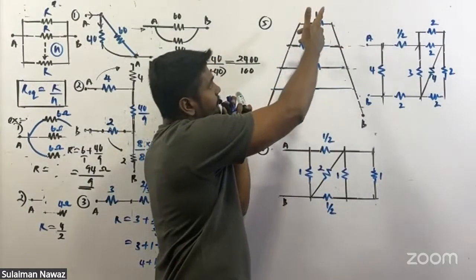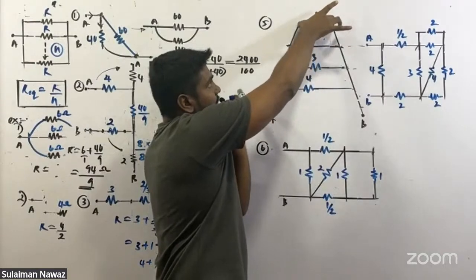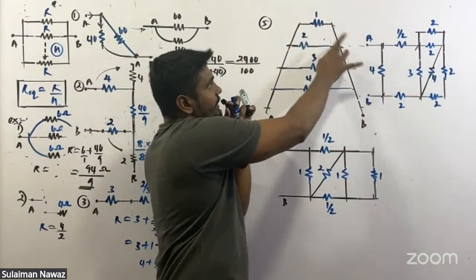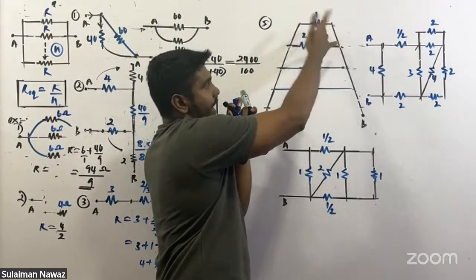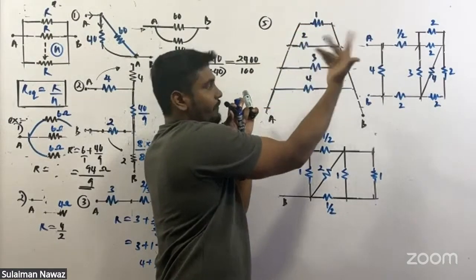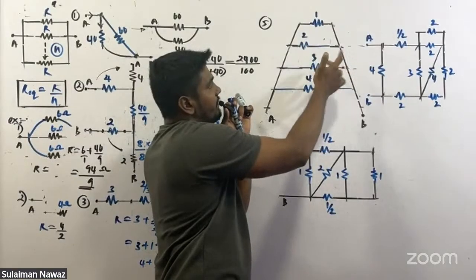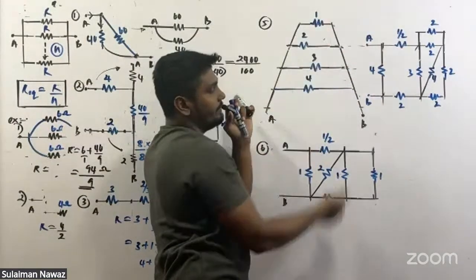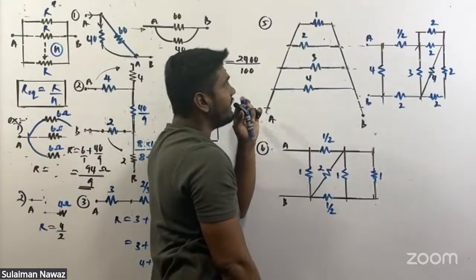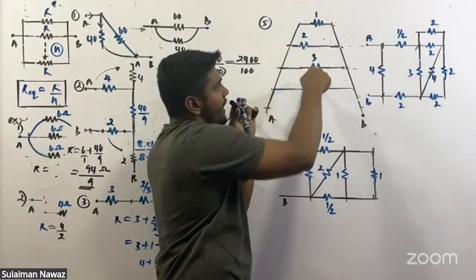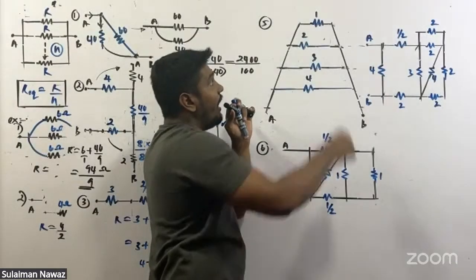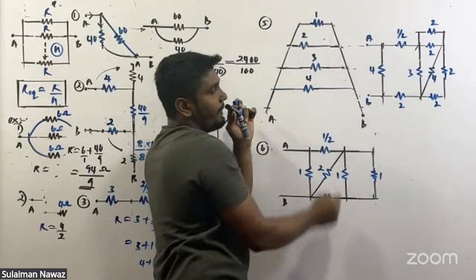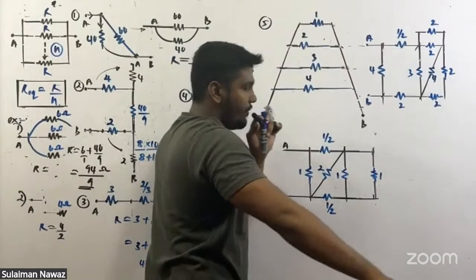Look here. Between these 2 points, these are in parallel. So before what you can understand, these 4 are in parallel. How many of you agree that these 4 are in parallel?